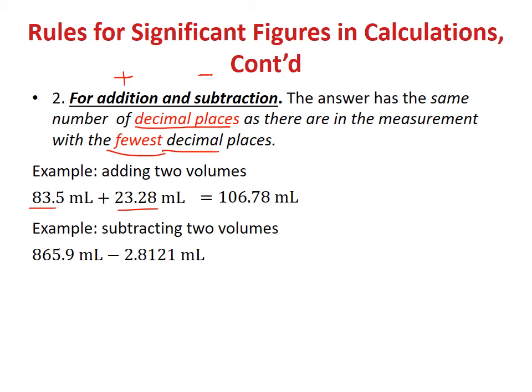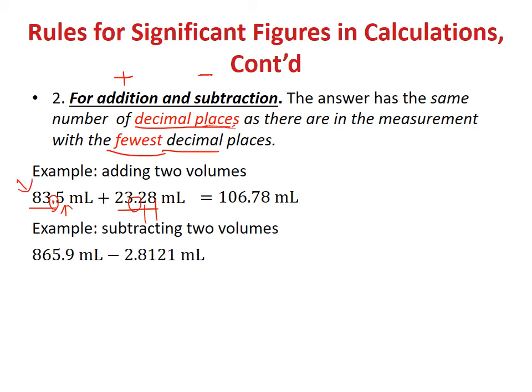After your calculation, now you decide what the final answer is. Because it's addition, you should have the same decimal places as the measurement with the fewest decimal places. Let's look at the two measurements. Here, after the decimal, you have 1. Here, after the decimal, you have 2. So the fewest decimal place is the first number.